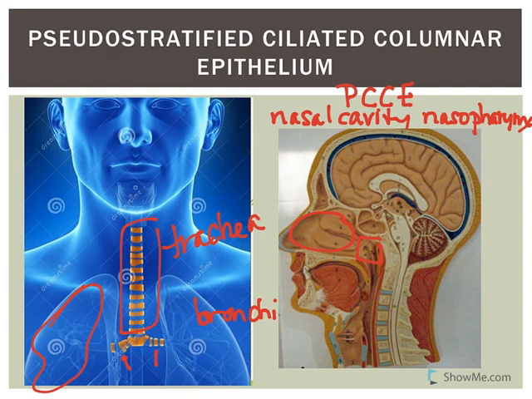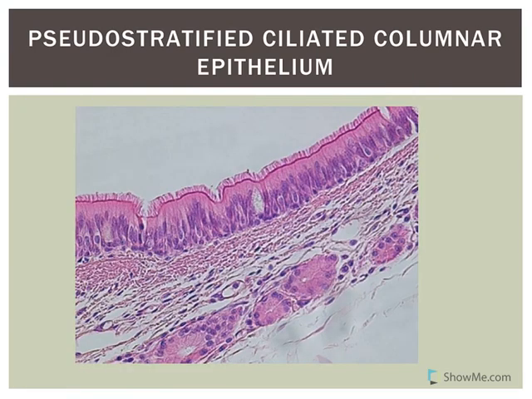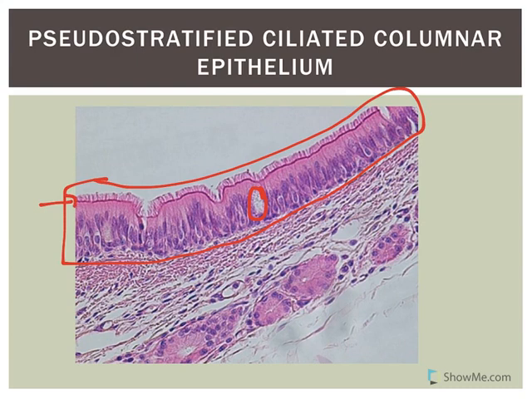Here's a section through the trachea, showing you PCCE. Here you see a goblet cell right there, and here are the cilia right there.